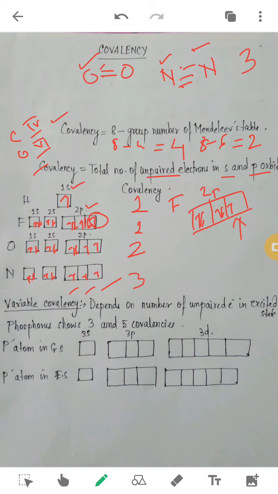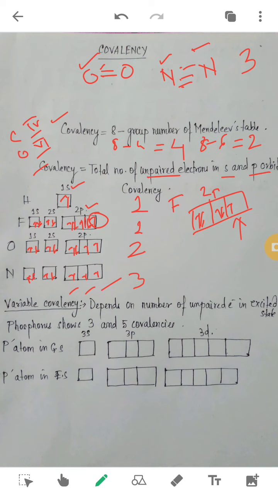Because we know that in the second period we don't have d orbitals at all, because 2d doesn't exist. But for the third period we have 3d orbitals, so there is a possibility of variable covalency.